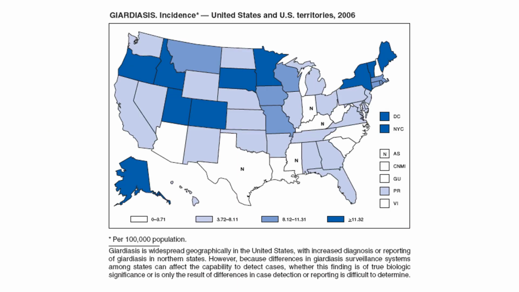This just shows you where Giardia has occurred. And this was done in 2006, so it's old. But this is greater than or equal to 11 different cases, and this is per 100,000 population. So you can see Idaho is prime for that. You've got Oregon is going to be prime for that.